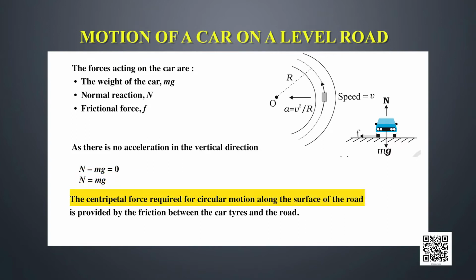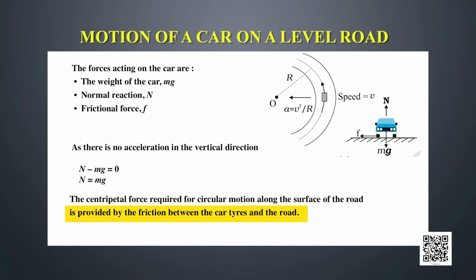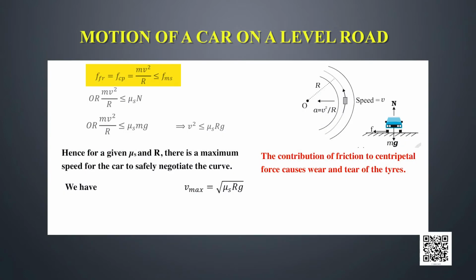That is, there is equilibrium along the vertical direction, which gives us normal reaction equal to mg. The centripetal force required for circular motion along the surface of the road is provided by the friction between the car tires and the road. So, we can write F friction, that is Ff, equal to F centripetal equal to mv square over r.